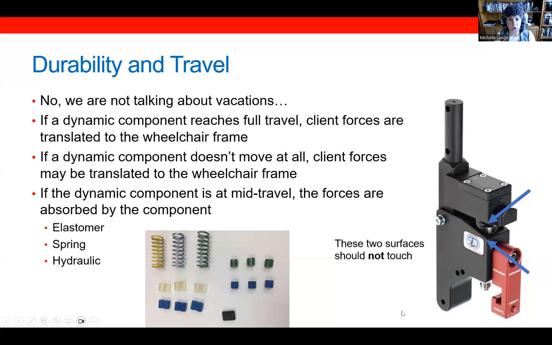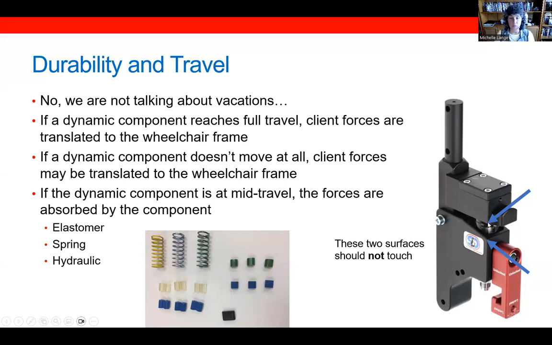These should not touch. If the client is able to compress that fully and the metal surfaces are touching each other, then instead of the elastomer taking the hit, the forces from the client can actually be translated through this entire dynamic back hardware to the frame. We don't want that to happen.